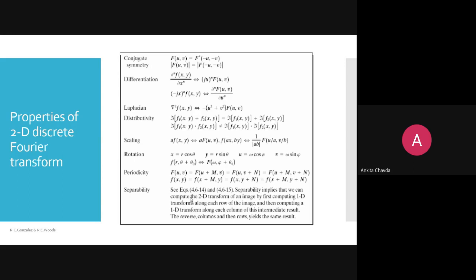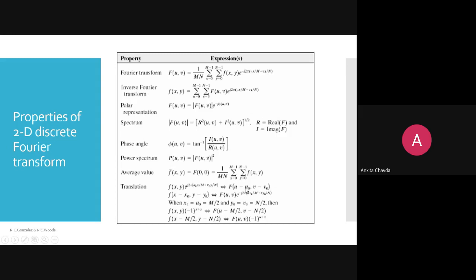Fine. Then, if it is required, we will discuss this afterwards, once we have seen the whole frequency domain. Because here we are not using each and every property. We are only using this translation for now. That's it.